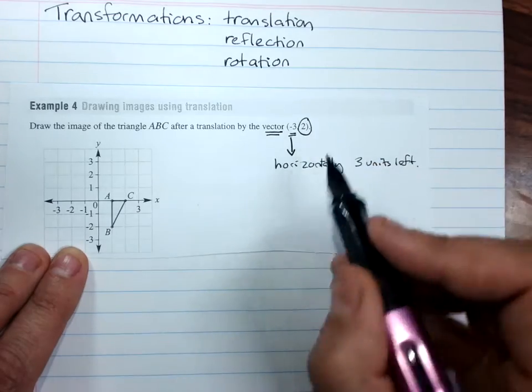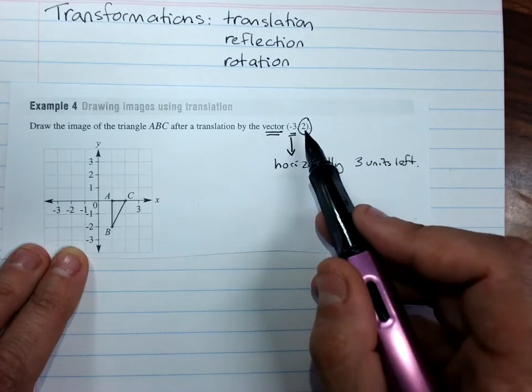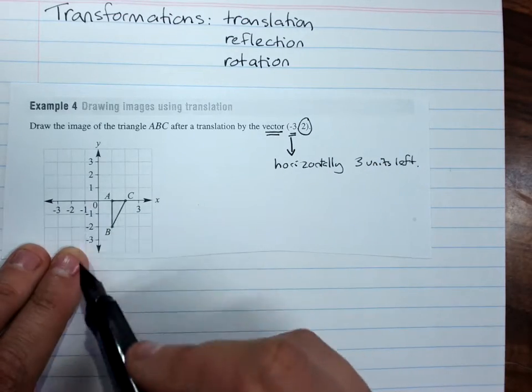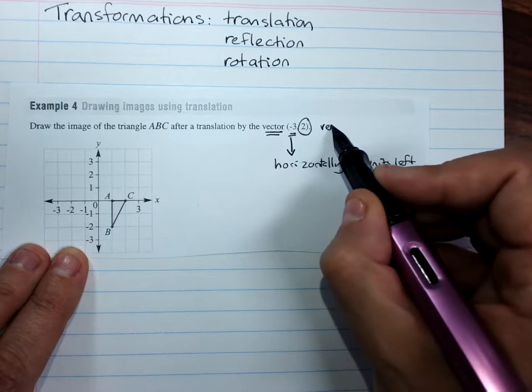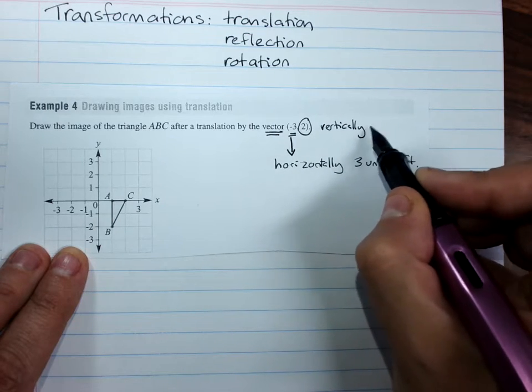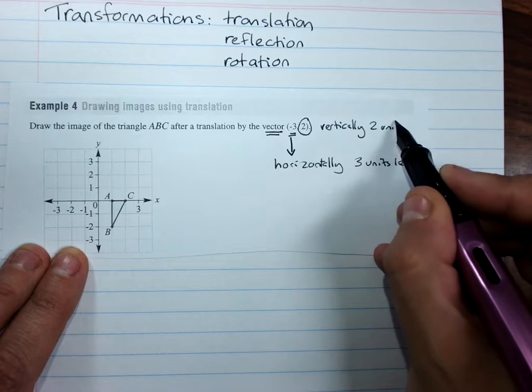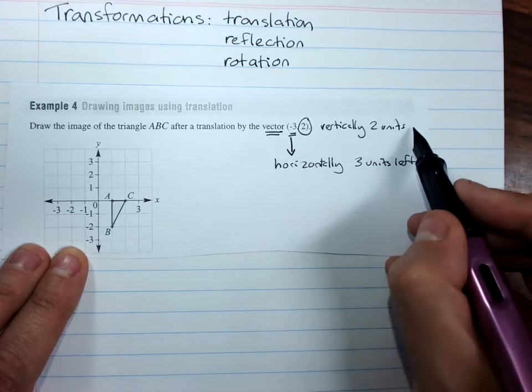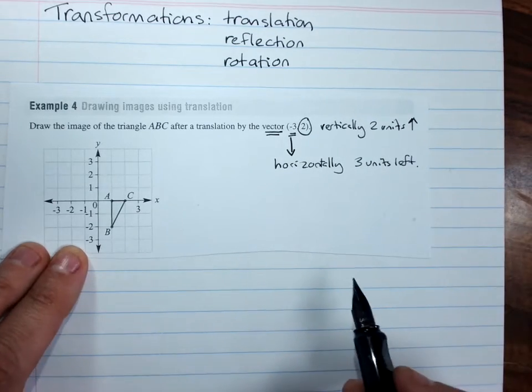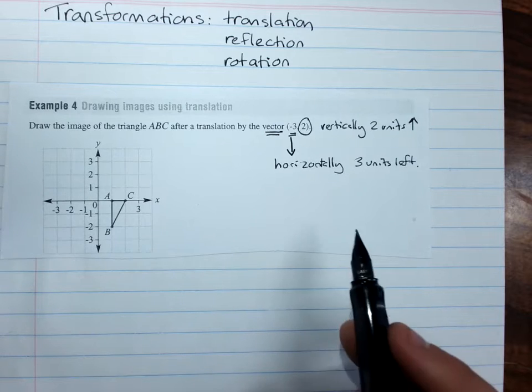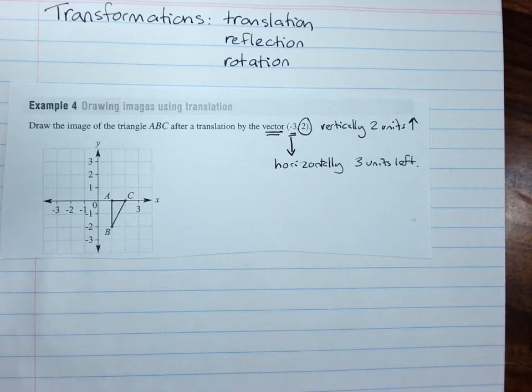And this 2 here in the y position means on the y direction, that is vertically, 2 units, and because it's positive, it's up. So this is how you can read the vector for where we want to move this.